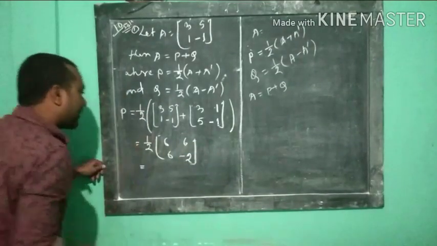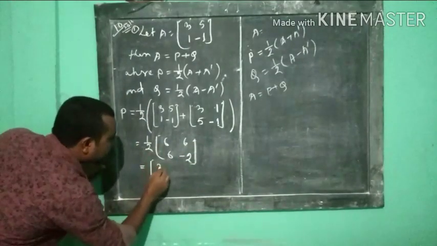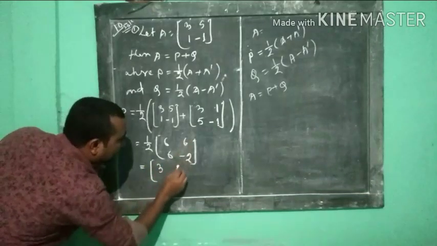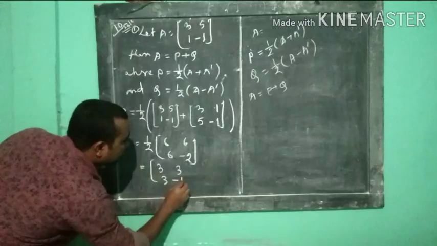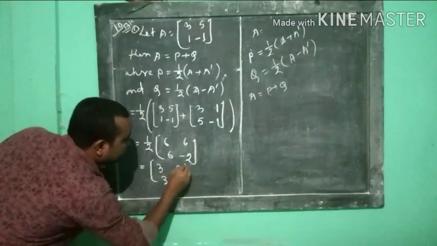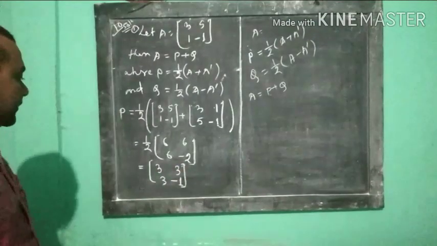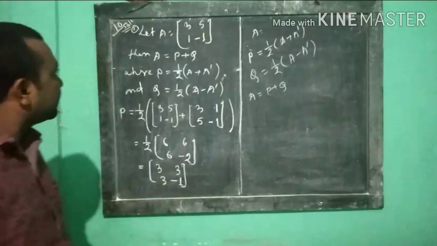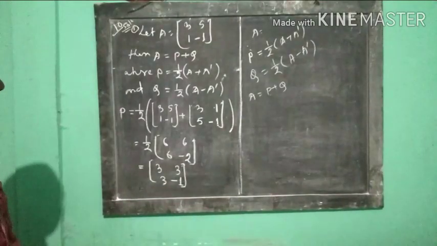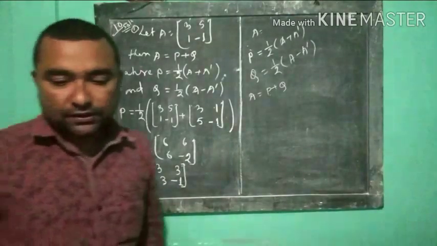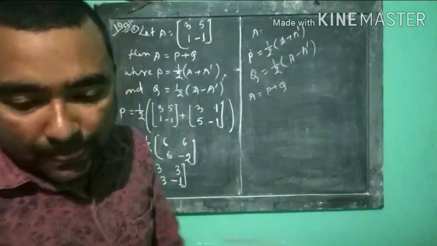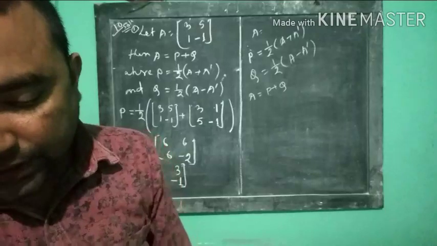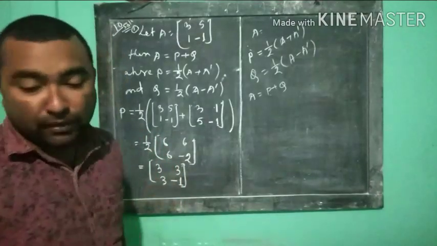Dividing each term by 2, we get 3, 3; 3, minus 1. So P equals 3, 3; 3, minus 1.